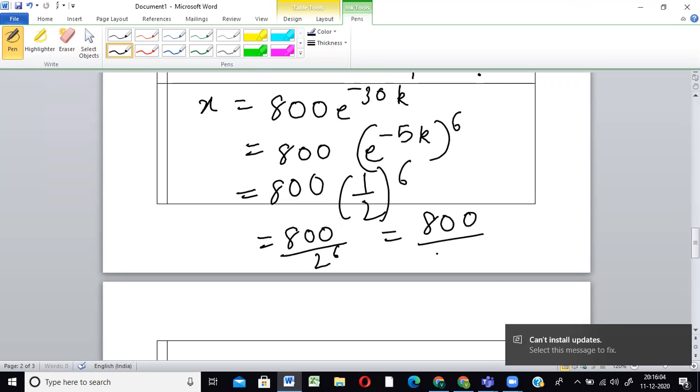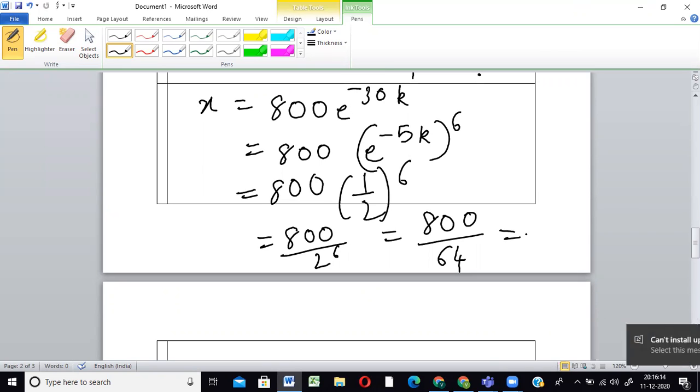These are the powers of 2 which you should know. So 2 raised to 6 is nothing but 64. Like 2 squared is 4, 2 cubed is 8, then you have 16, 32, 64, 128. These values you should know from powers of 2. After dividing, it is like normal division, and you get the answer as 12.5.